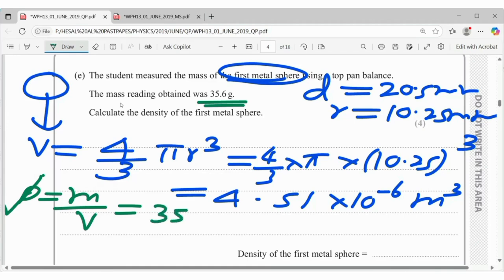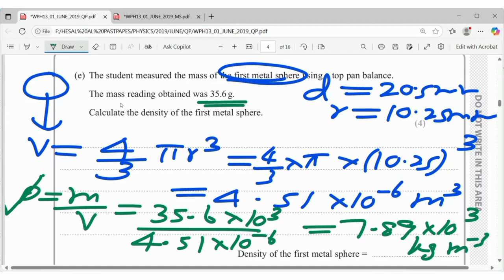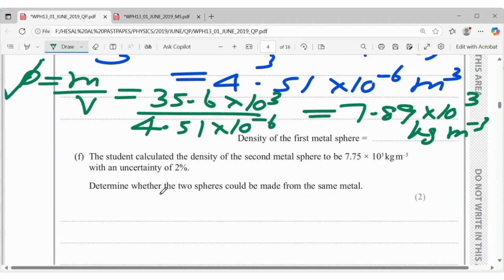So 35.6 times 10 to the power minus 3 is the value in kilograms. That divided by the volume we already calculated above. Finally, we get the answer as 7.89 times 10 to the power 3. The unit comes as kilograms per cubic meter.